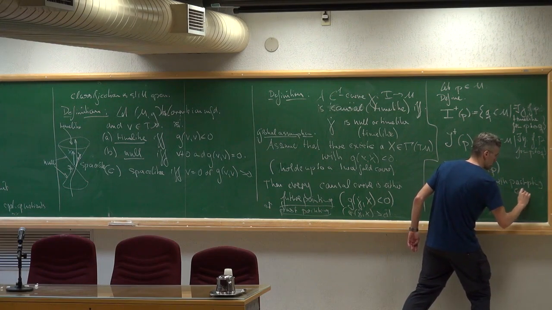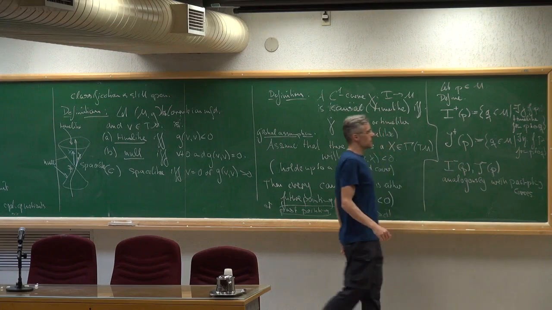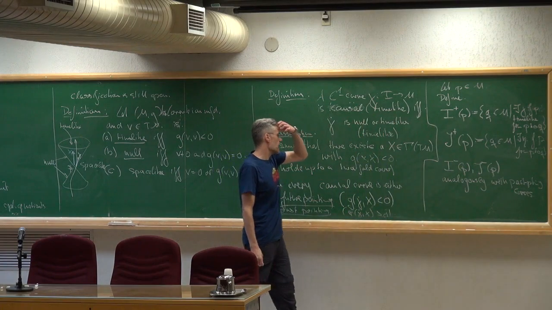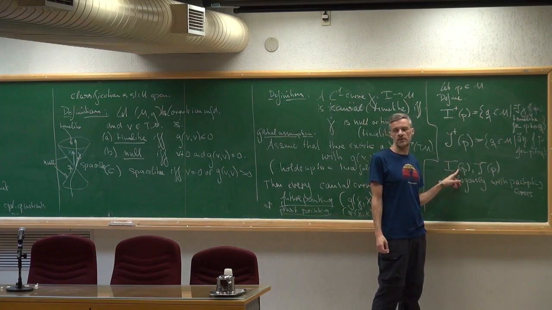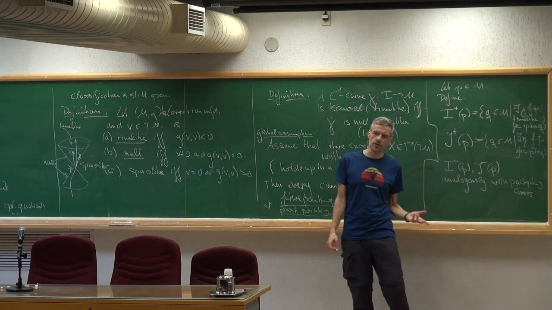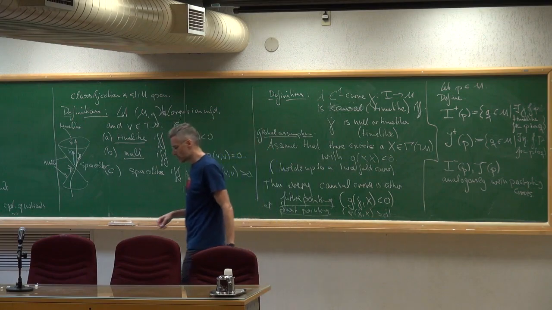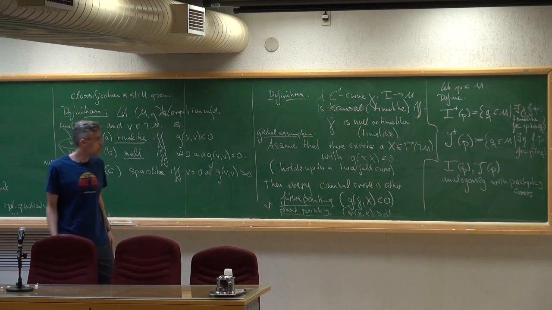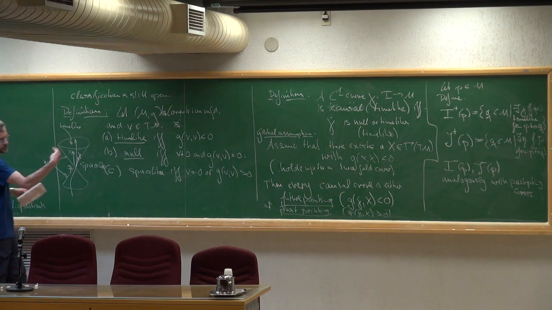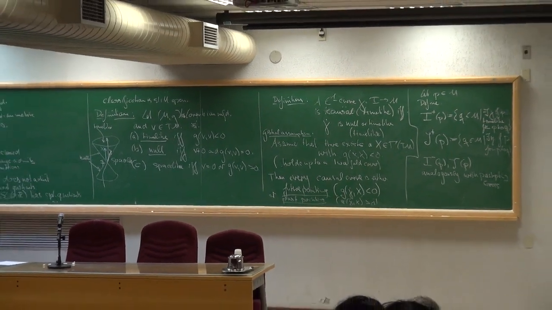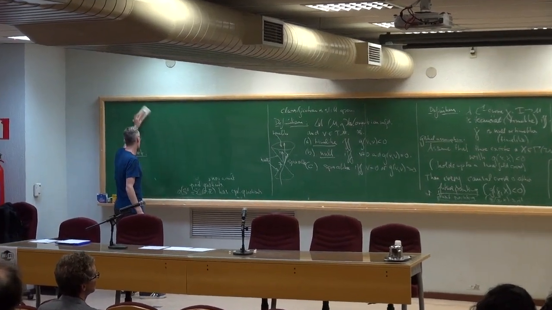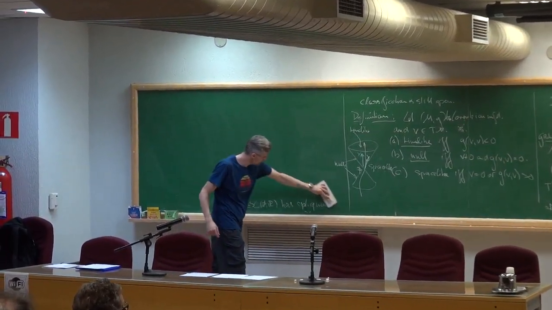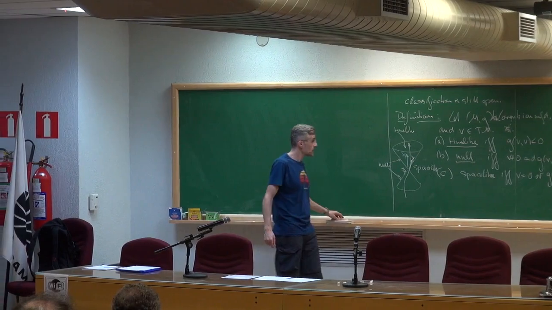So you could also say I minus of P are those points Q such that P lies in the chronological future of Q. You could also say something like that, but from the point of view of symmetry, it is better to define both with curves.